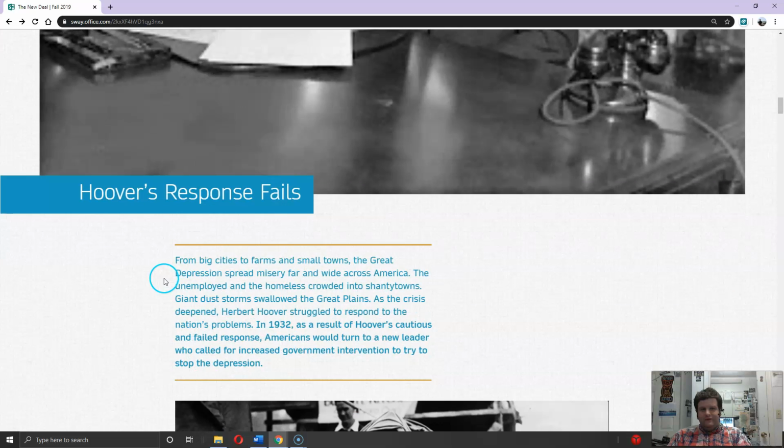Essentially what happened is when the Great Depression broke out, Herbert Hoover was a practitioner of laissez-faire economics. Herbert Hoover and the Republicans, for the most part, believed that the economic system worked in a cycle. The corporations and the economy would expand, and then it would go through a period of contraction. And then it would expand, and expand again.